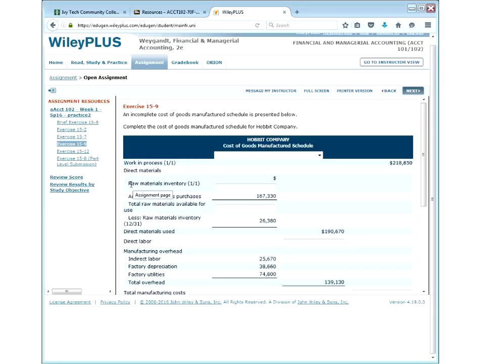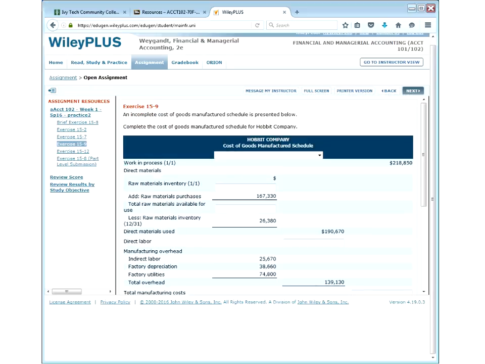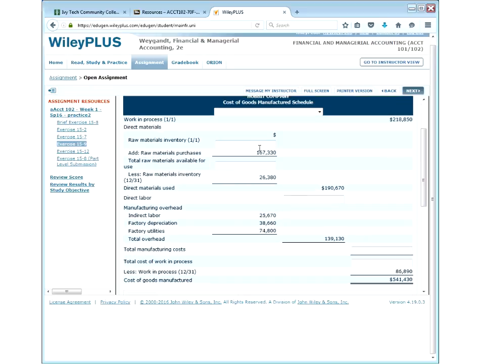15.9 kind of gets us started in this process. It goes ahead and gives us the cost of goods manufactured schedule, which is what we just did. But you need to explain here that you know where these numbers come from. For example, when we're dealing with the direct materials, remember it's our beginning inventory plus purchases equals ending inventory.